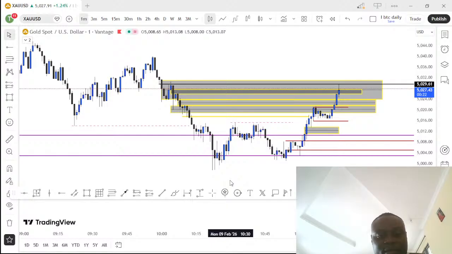So this was the breakout, and we have a fair value gap here. So price might come to this fair value gap here, or to this, and then it will react going up a little bit. So this is our selling point.